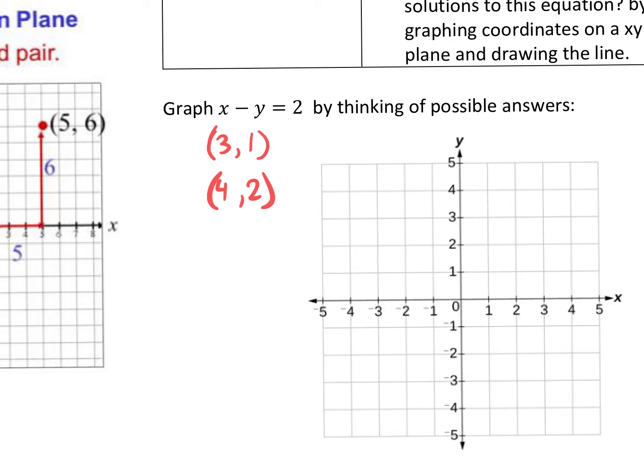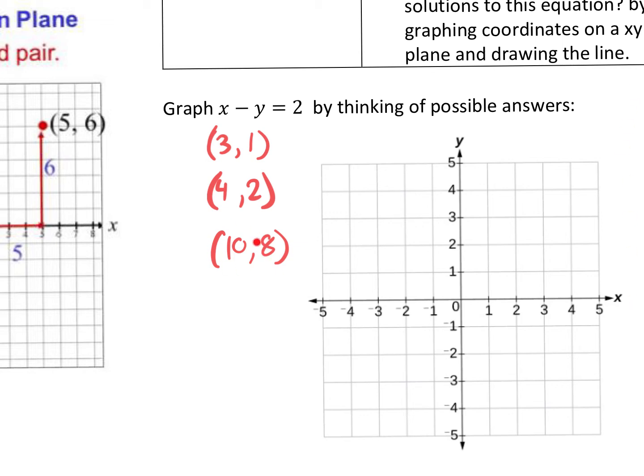You don't have to do numbers in order. You could do any numbers, but of course you want to plug in numbers that are within this xy plane, because like if you plug in 10, well, yeah, 10 take away 8 is 2, but then you'd have the coordinate 10, taking away 8. So that would be way off this graph and way up here somewhere, right?